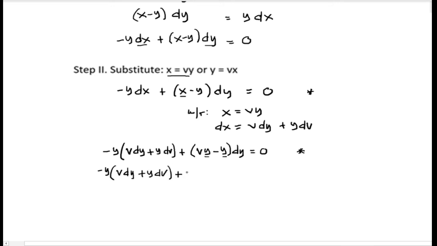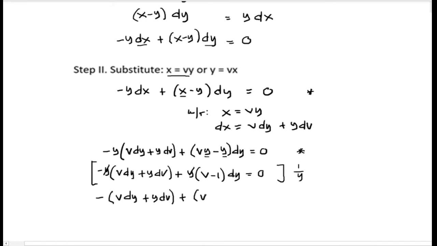Then I'm going to factor out y, and the remaining here is v minus 1 dy equals 0. Then multiplying the whole equation by 1 over y, this y here is cancelled. So we have now negative v dy plus y dv plus v minus 1 dy is equal to 0.